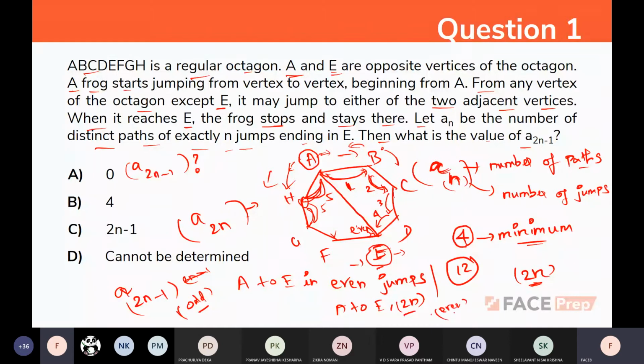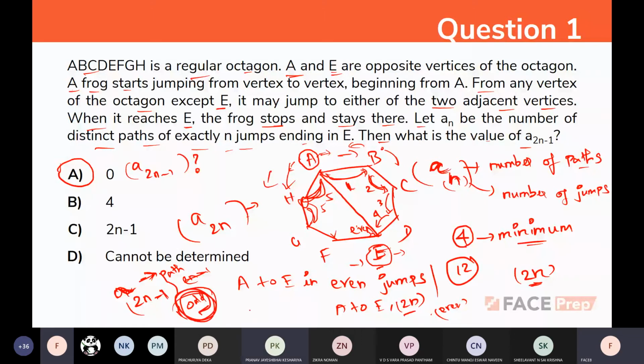So in an odd number of jumps, there is no path which can make the frog reach E. So the answer will be 0. There is no path which can lead the frog to E in an odd number of jumps.